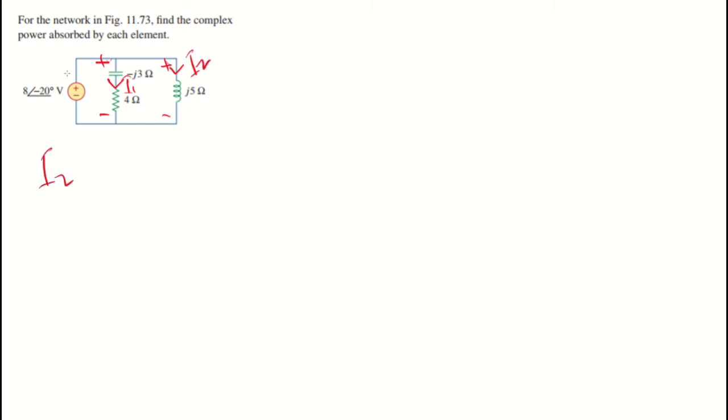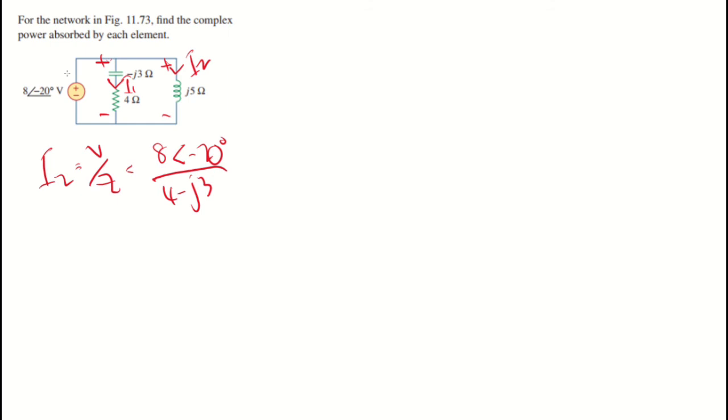I1 we can calculate as V over Z. V is 8 angle negative 20 degrees. Z is the total impedance of this branch, which is 4 minus j3.